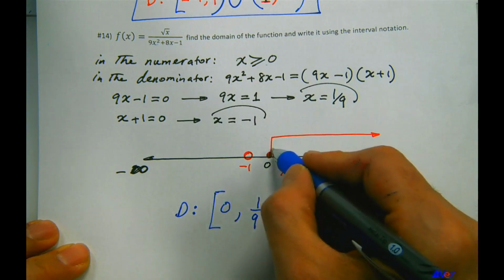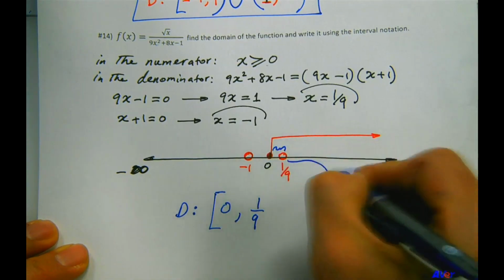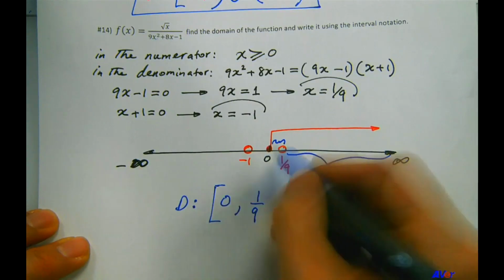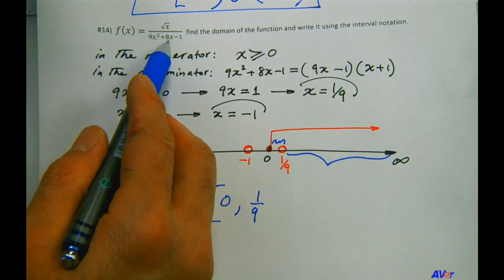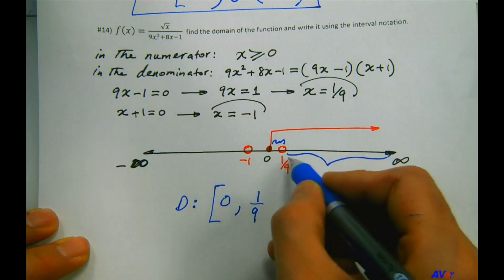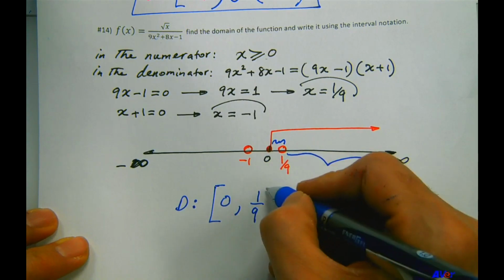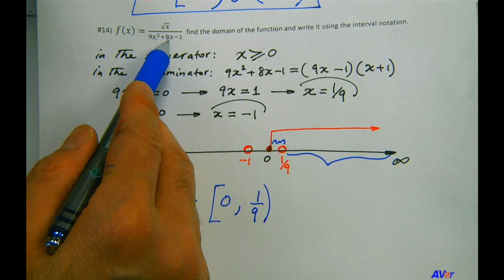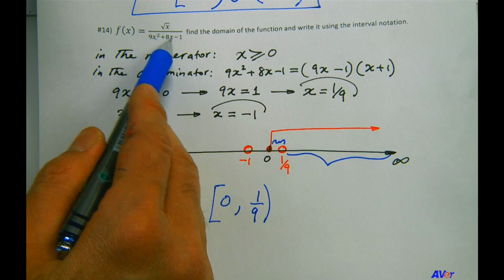Now, our domain will be this piece and this piece. But we have to be careful how we write it. So 0 gets the bracket because it's included in the domain. Picking x to be 0 does not cause any issue here. Take a look at the function. Now, all the way to 1/9, should I put a parenthesis here or a bracket? If you said parenthesis, you're absolutely right, because for x equal to 1 over 9, this denominator is going to be 0, and we can't have that.